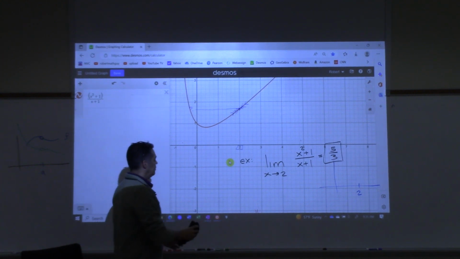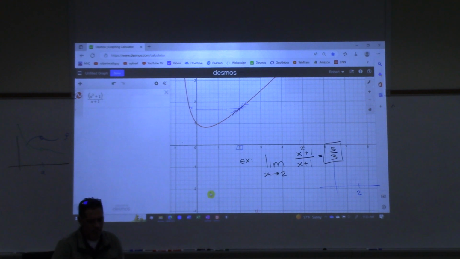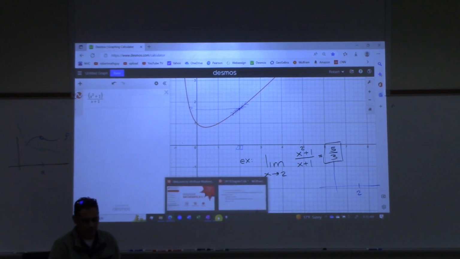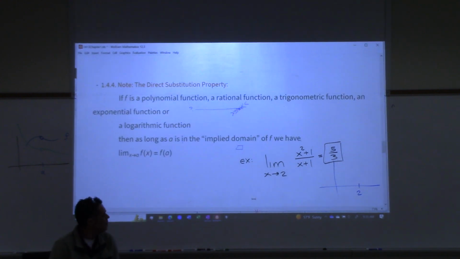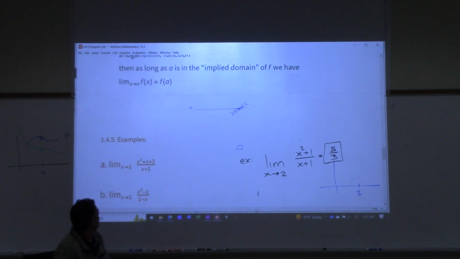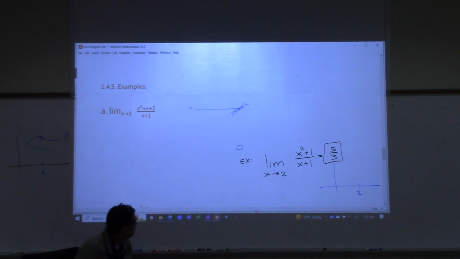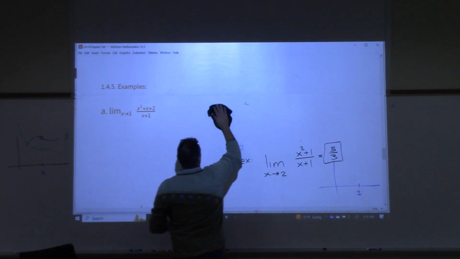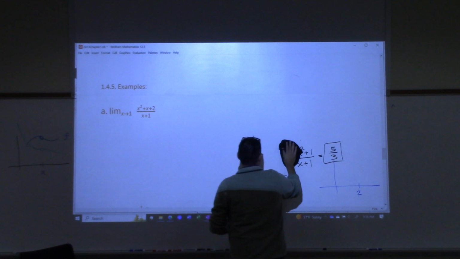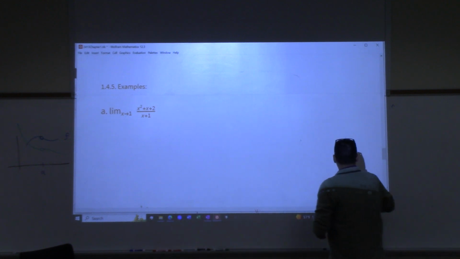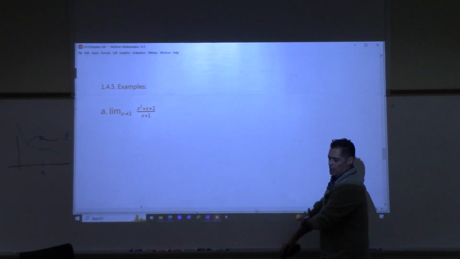Let's do one more example here. It's very similar to the one we just did, but look at that. Is that a rational function? Yes.